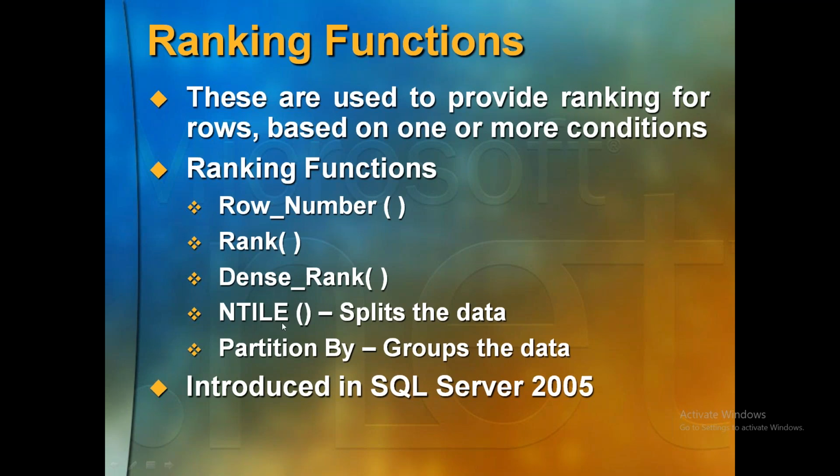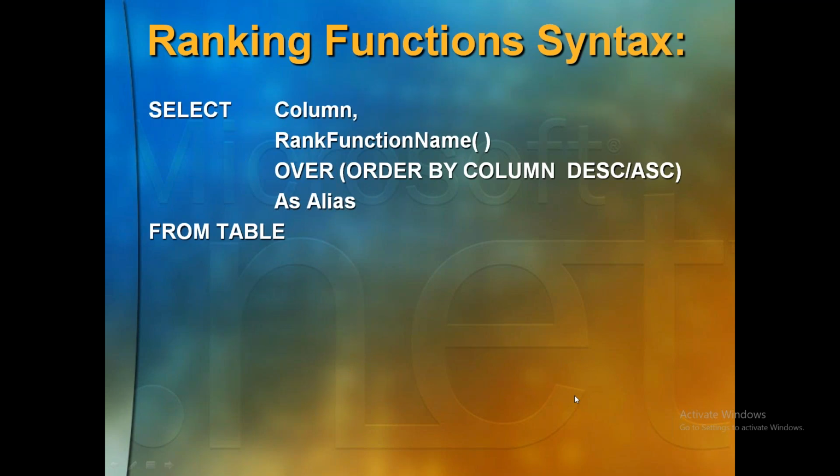These are the functions that we have: row number, rank, dense rank, ntile, partition by, and these were introduced long back. So this is the syntax I was explaining: select star or column names, ranking function name, over clause, then as alias.